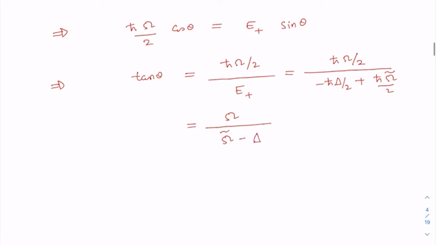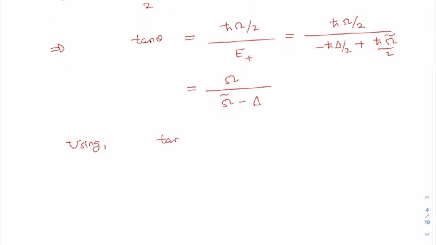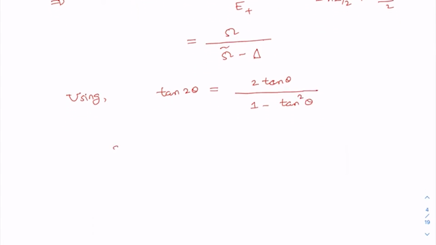In fact, using this trigonometric formula, tan 2 theta is equal to 2 tan theta divided by 1 minus tan square theta, we can show that tan 2 theta is equal to omega divided by delta.